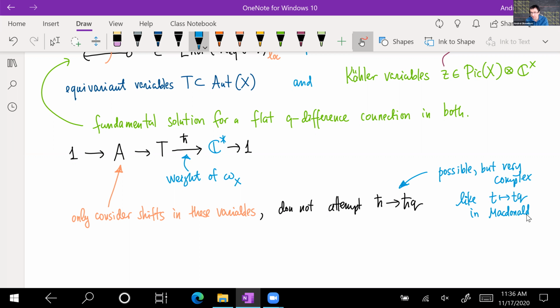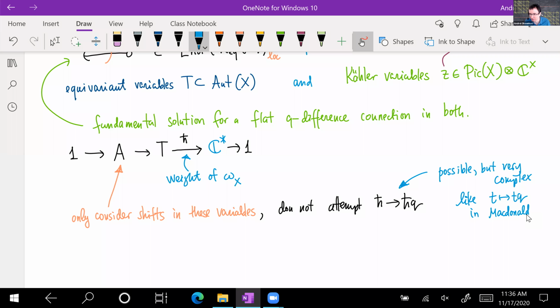So such intertwining operators do exist. People do use them for certain things, but it's very difficult to construct them, and other than their existence, it is very hard to say something about them.